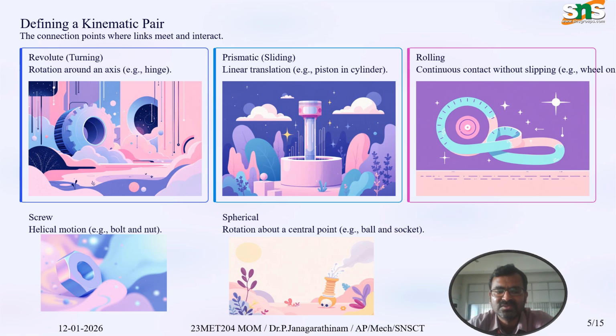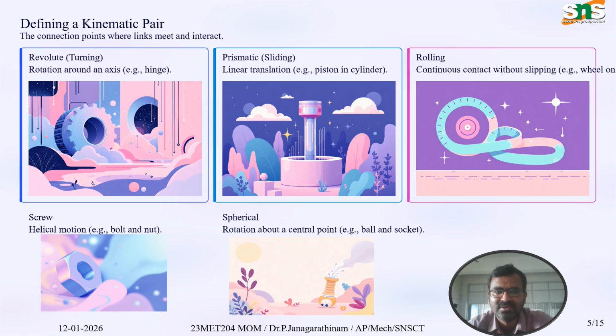A screw pair produces helical motion, for example a nut and bolt. A spherical pair allows relative rotation about a central point, like a ball and socket. Rolling is exemplified by a wheel. Prismatic or sliding means piston and cylinder, producing sliding motion, and turning means rotation around an axis, like a hinge.